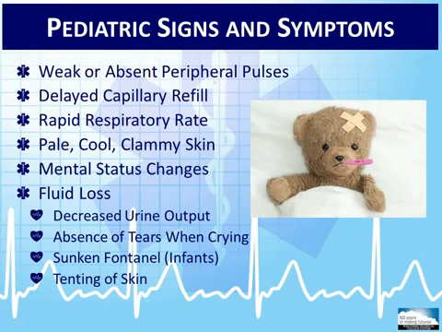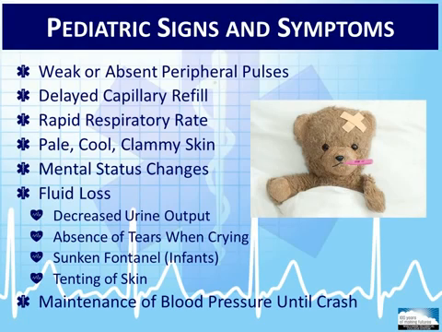A tremendous difference in the pathophysiology between children and adults is the ability of children to compensate for hypoperfusion by maintaining an adequate blood pressure right up to the time of a dramatic and often fatal crash in that blood pressure. Some resources state that an infant can maintain a normal blood pressure even with a loss of up to 1/2 of his or her normal circulating blood volume.